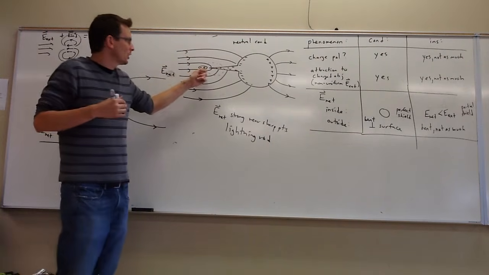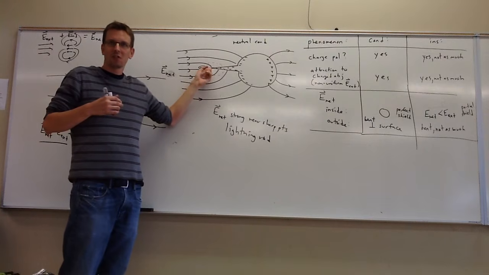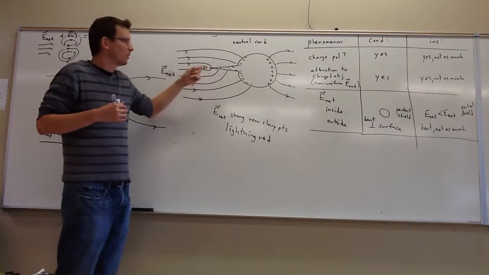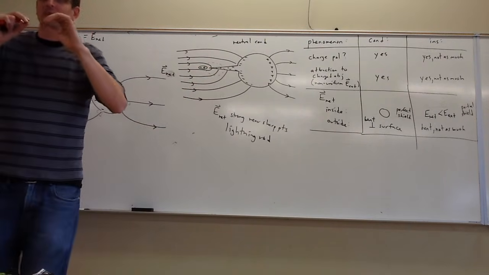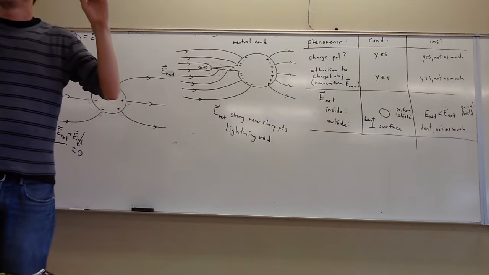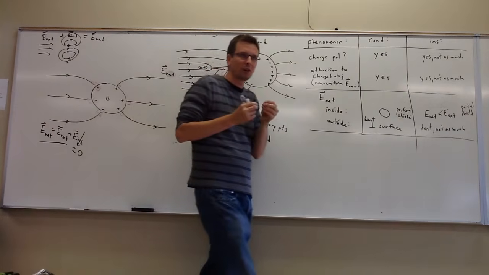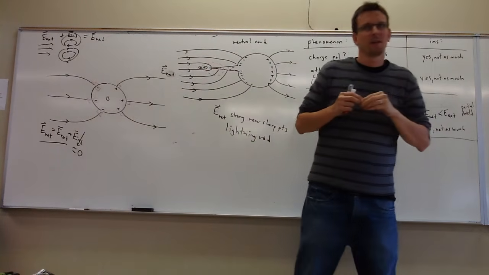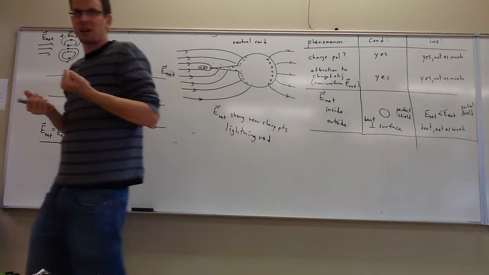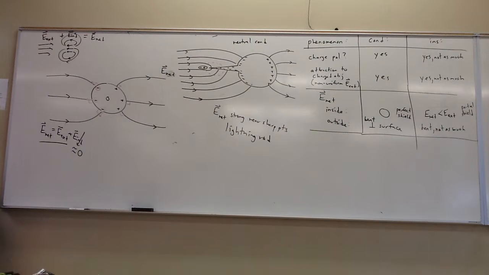So you're actually encouraging lightning to strike there by starting this streamer of particles that's starting to break apart. And the way you're doing that is because the electric field is stronger near that point. So you're actually encouraging lightning to strike there. Does that sort of make sense?